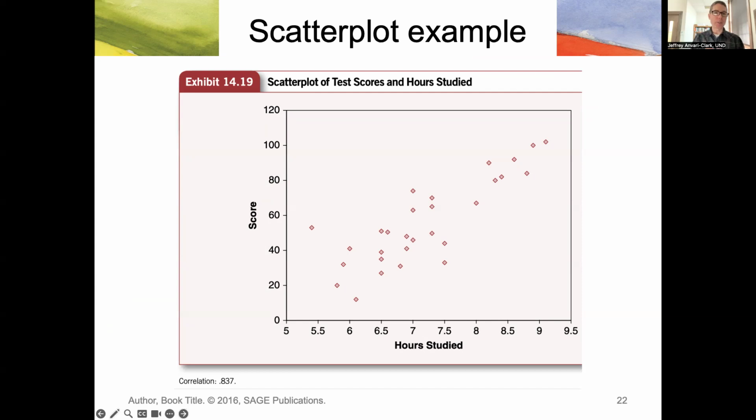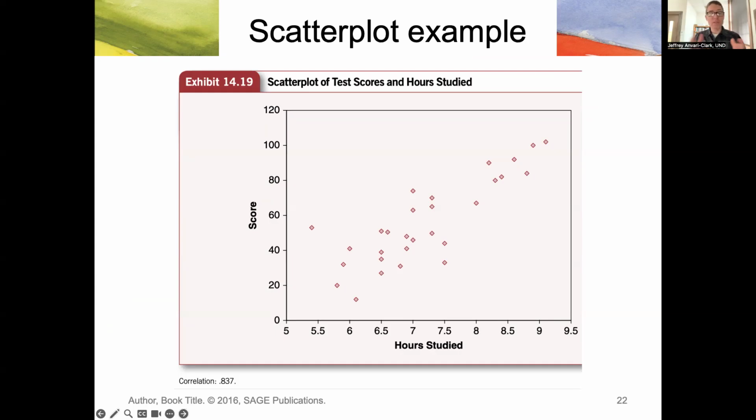Another person spent less than 5.5 hours studying, and they got, at best, less than a 60. Whereas people who spent closer to 9 hours got close to 100 on their exam.